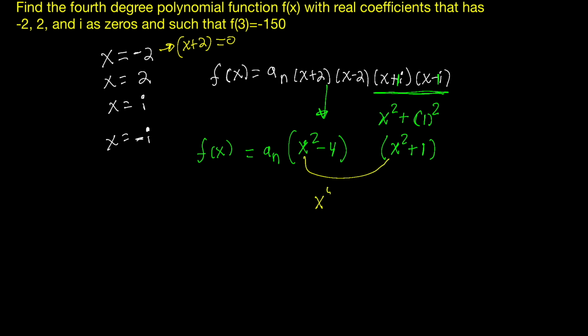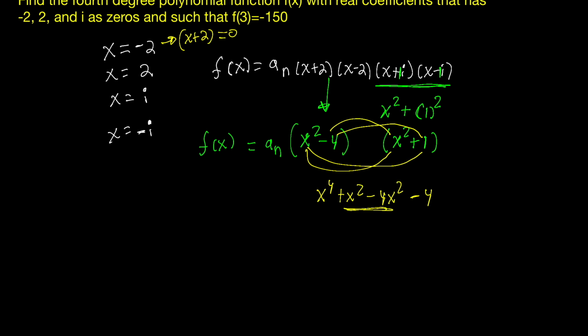So I'm going to get x to the 4th with x squared, -4 times x squared is -4x squared, and -4 times positive 1 is -4. I'm going to begin by combining like terms. So I get x to the 4th minus 3x squared minus 4 is my polynomial, and then I have that leading coefficient in the front.